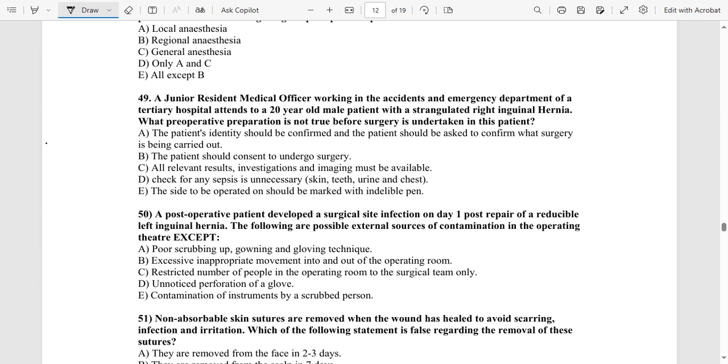But the other things that have been given, for example, unnoticed perforation of the gloves, are going to cause contamination. Well, if there are too many people, of course, that might be a problem. But people that come in the operation room come prepared for sterility, like in scrubs and everything else. So this will not be a major problem when it comes to contamination.